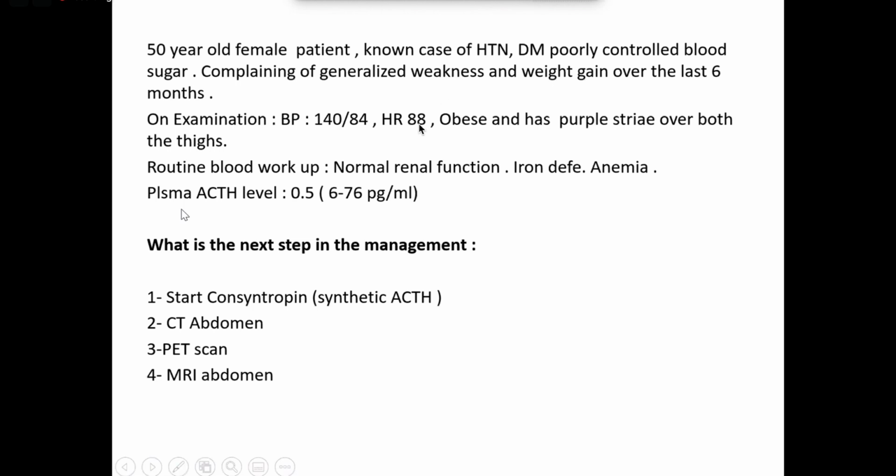So plasma ACTH level is 0.5. The normal range is between 6 to 76. What is the next step in the management?